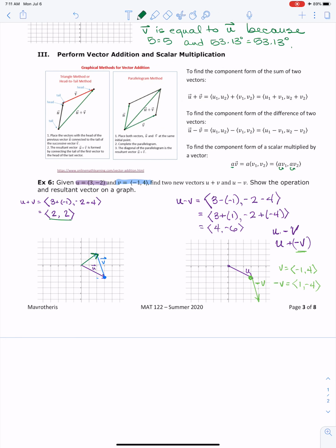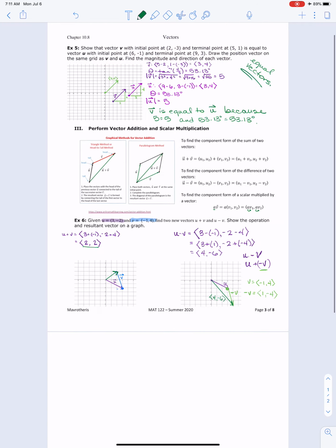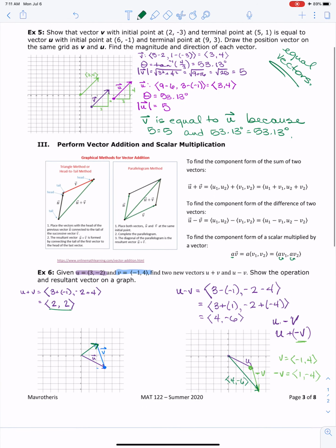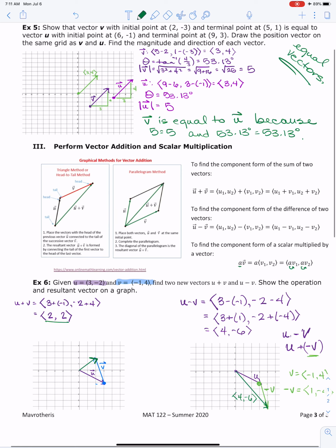I get that resultant vector that is over 1, 2, 3, 4, down 1, 2, 3, 4, 5, 6. So whether we do this algebraically or geometrically, we end up in that same place. Here's that vector for -6. I like the graphical because sometimes it helps me make sense of what's going on with the numbers.